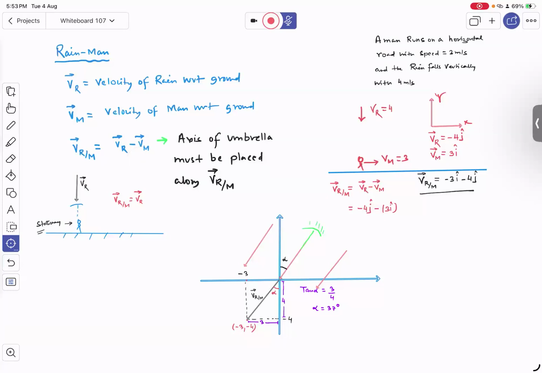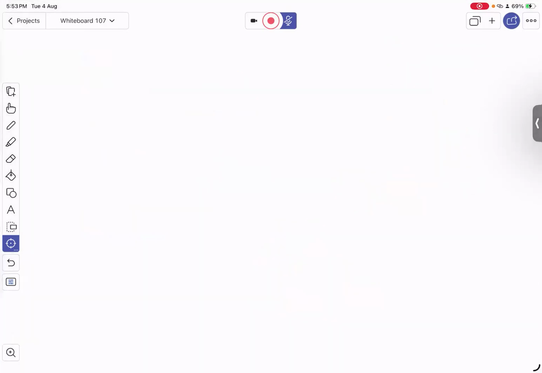Whatever I've told, have you understood or not? Any doubt? Okay then. Just new questions I can give. Nothing new in theory, this much is the only theory. It is just checking whether you know how to find A minus B, or how to find VR minus VM. So I'll take a new page.